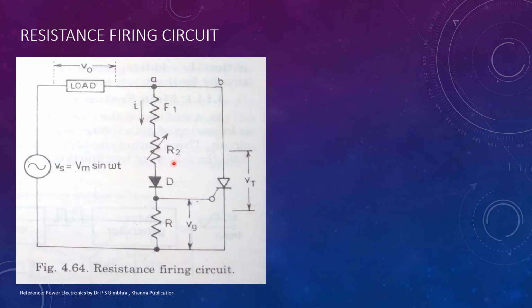When resistance R2 is 0, the current can flow through the source Vs, load, R1, D, gate, cathode and back. The current flowing in this path must not exceed the maximum value of the gate current. If it exceeds the maximum value of gate current, the thyristor can get damaged.